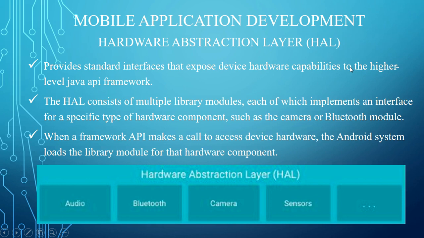Let's now look at the hardware abstraction layer, which is the HAL layer. It provides the standard interfaces that expose device hardware capabilities to the higher level Java API. When we say an interface in programming, it's just an incomplete or unimplemented software method.